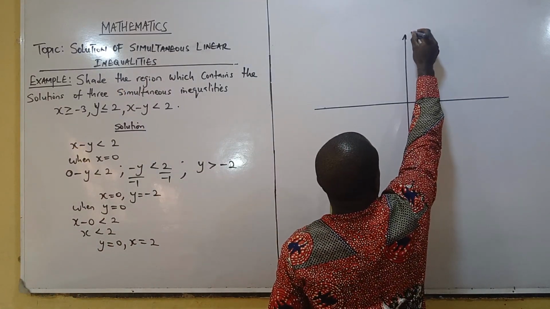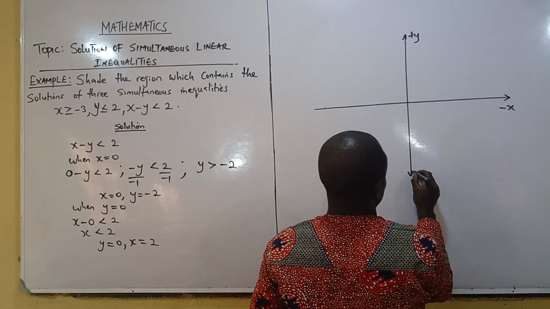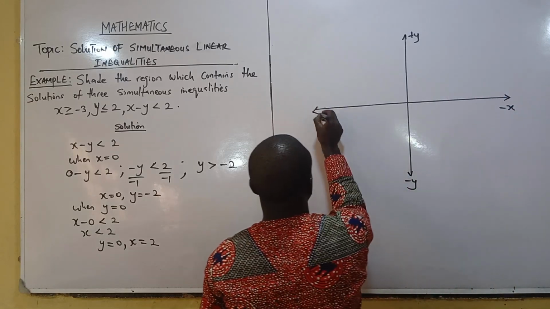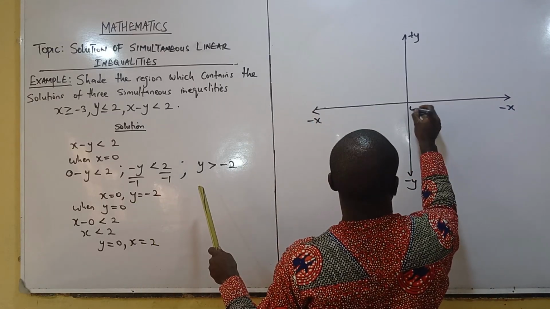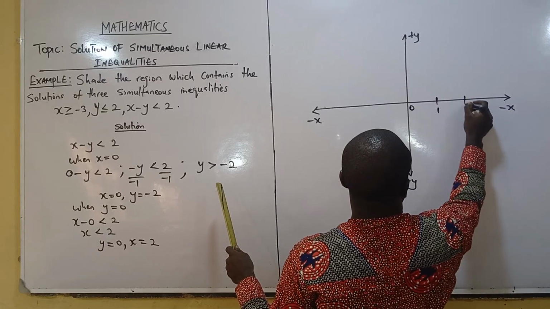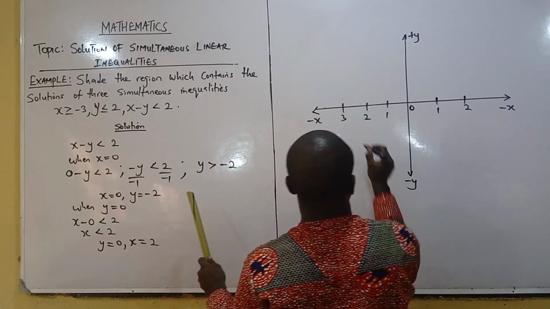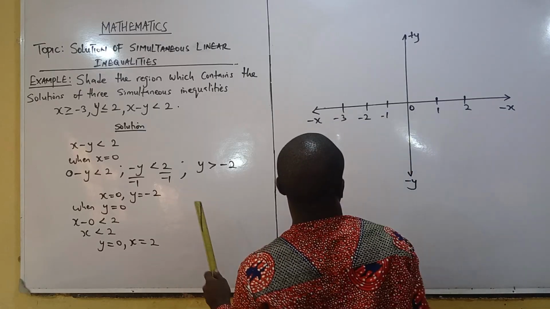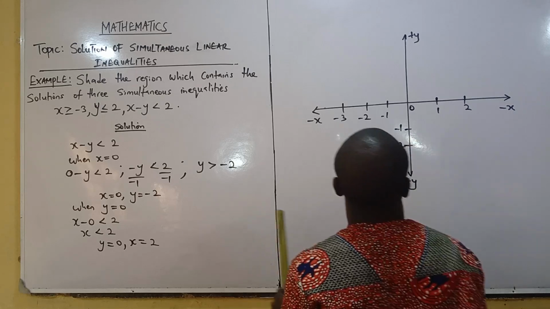This is positive y, negative x, negative y, negative x. You have 0 here. 1, 2, 1, 2, 3. Negative 1, negative 2.